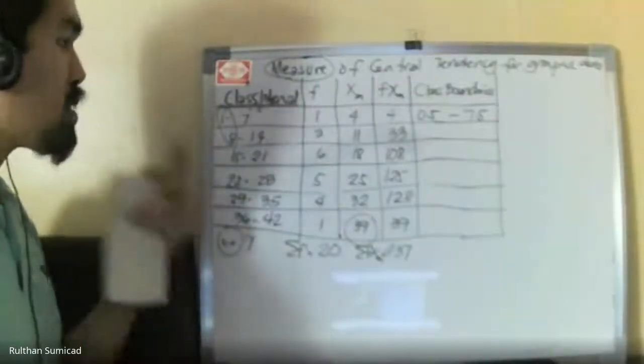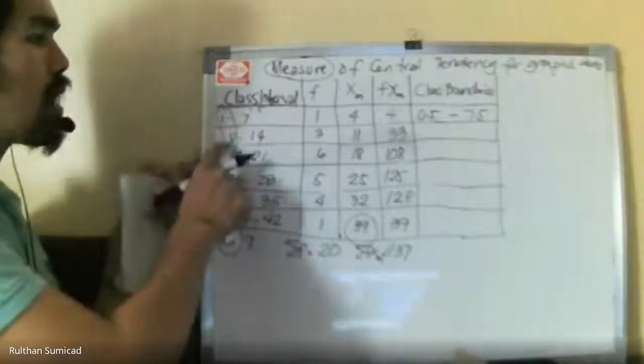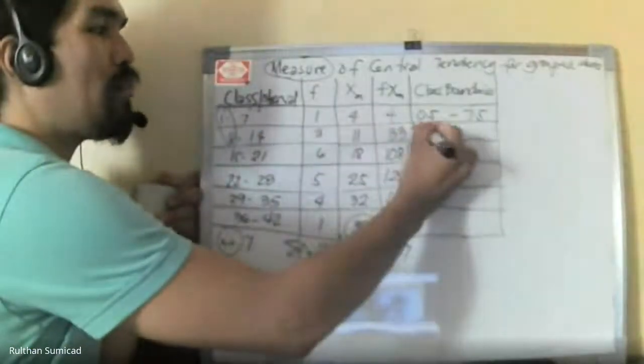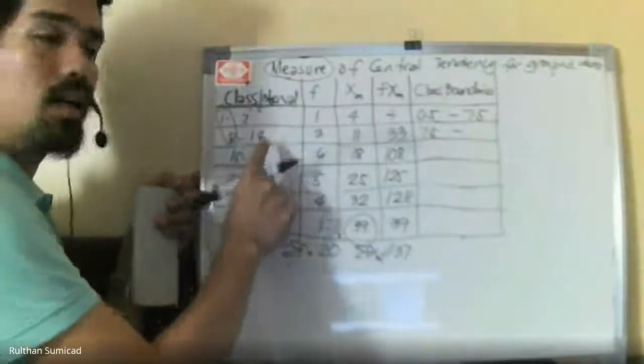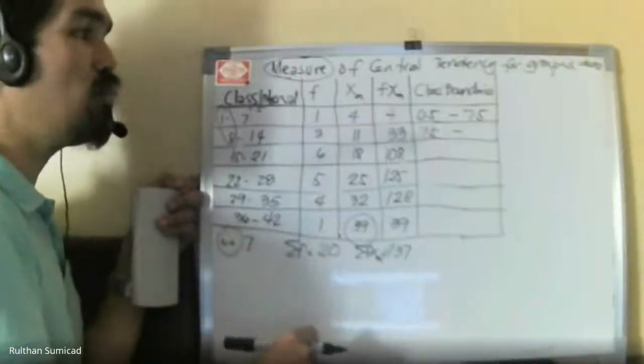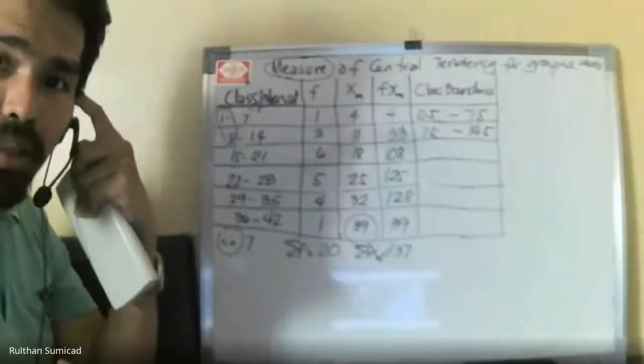So this is going to be 0.5, and that's true for all. So you just continue the same thing here. 8 minus 0.5, that is 7.5, correct? And then what will happen here? 7.5 to 14.5. Okay. I need somebody to help me complete this column.